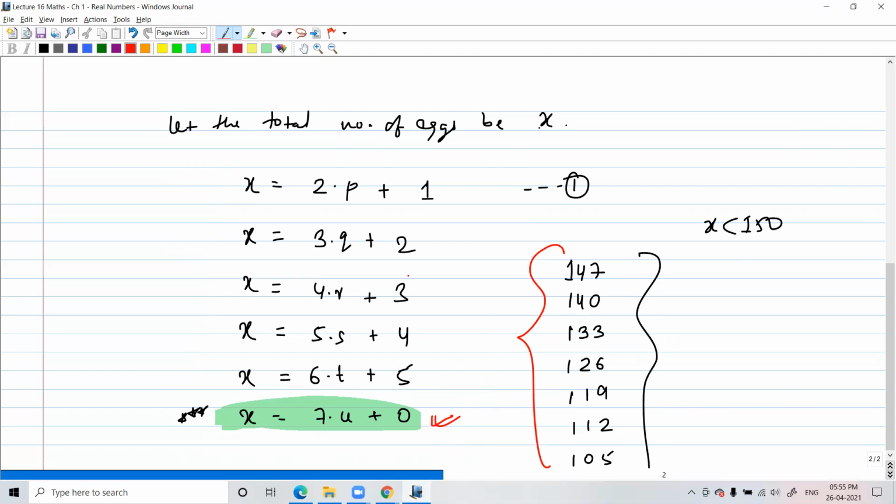Now, instead of going and one by one checking all of them, try to be little wise and look at these things. This number is not divisible by 2, right? Because when you divide by 2, there should be a remainder 1, correct? So this guy 140, 126, 112, these numbers are divisible by 2, so we can straight away remove them, correct?